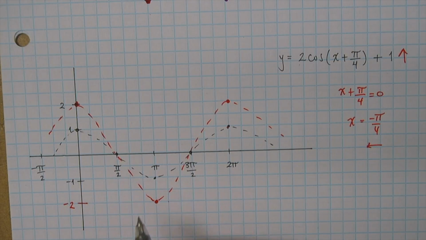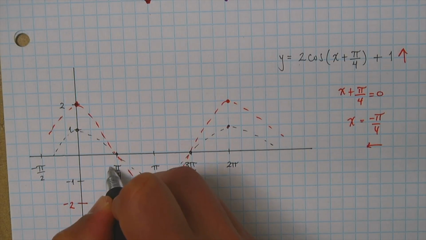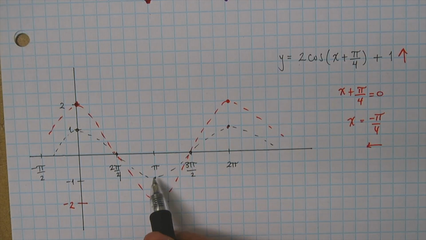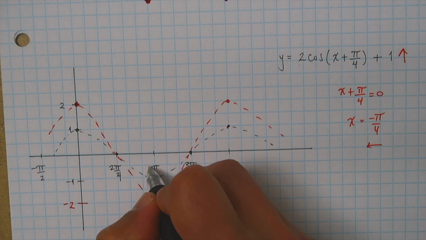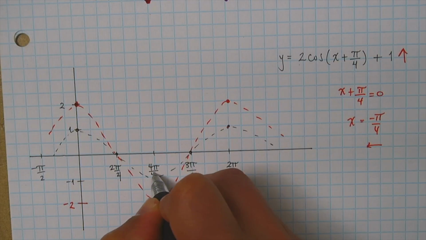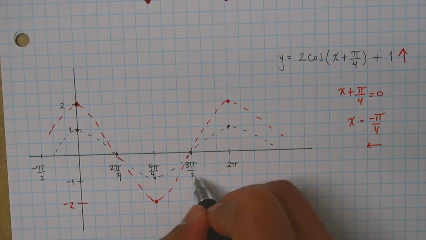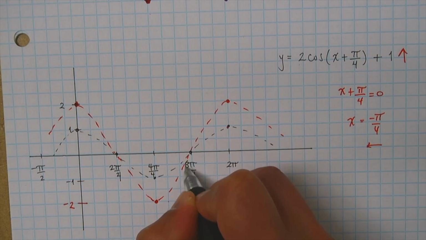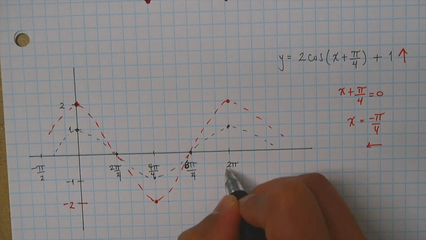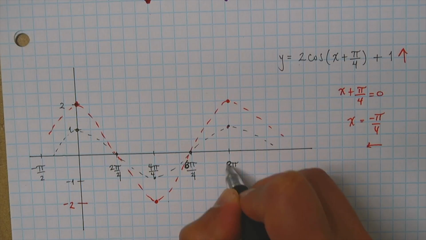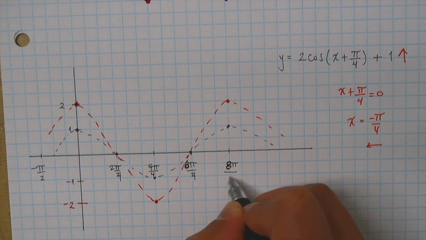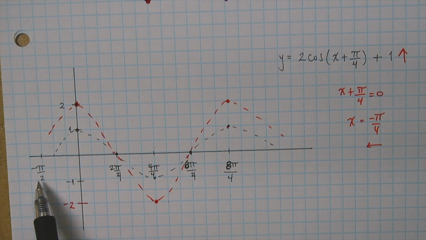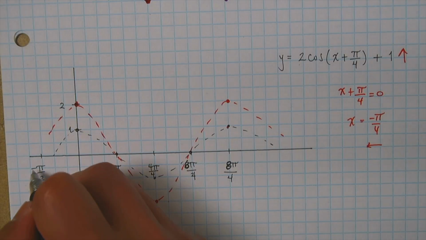That's 2 pi over 4. So this becomes 2 pi over 4. Well, what's pi? That one is 4 pi over 4. Well, what's 3? Multiply this guy by 2, multiply this guy by 2, you're going to get 6 pi over 4. What about this guy? You multiply the top and the bottom by 2, you're going to get 8 pi over 4. What about this guy? Same thing over here, negative 2 pi over 4.